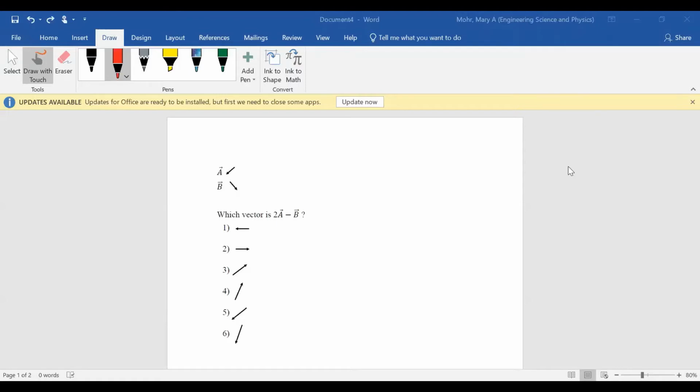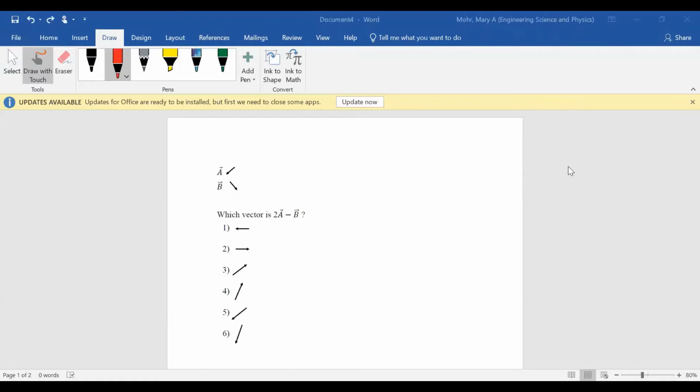And in our first example problem here, we want to add 2a minus b, or you can say 2a plus minus b. So if I multiply vector a by 2, its length is twice as long.